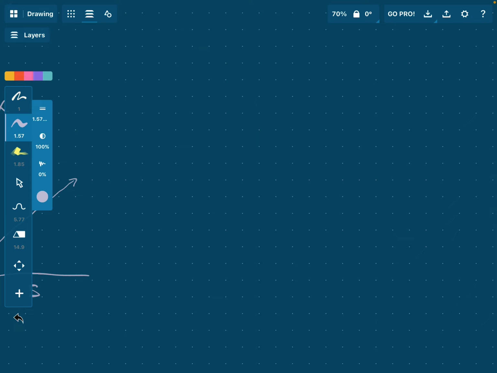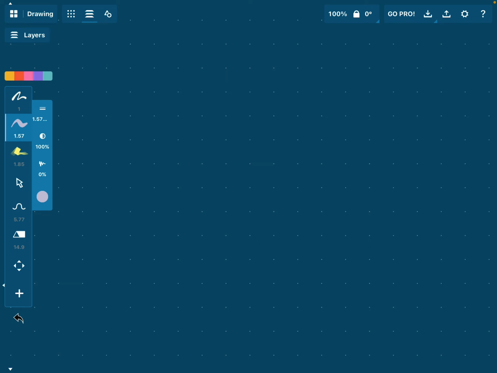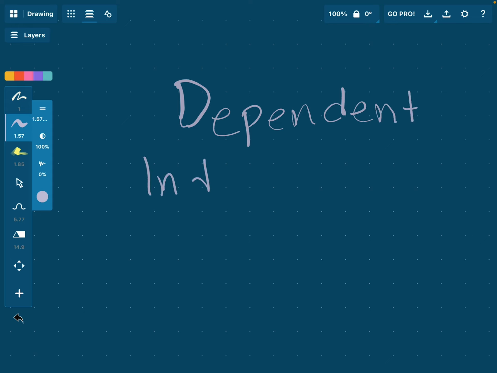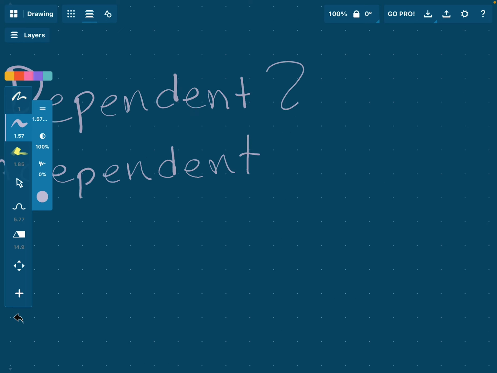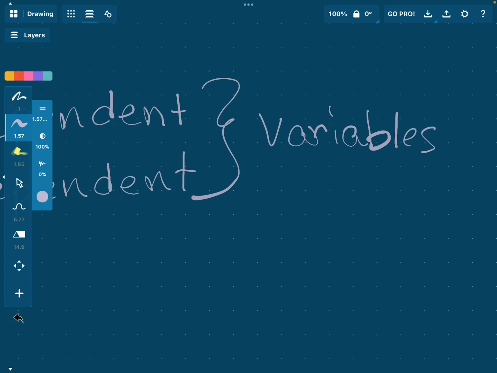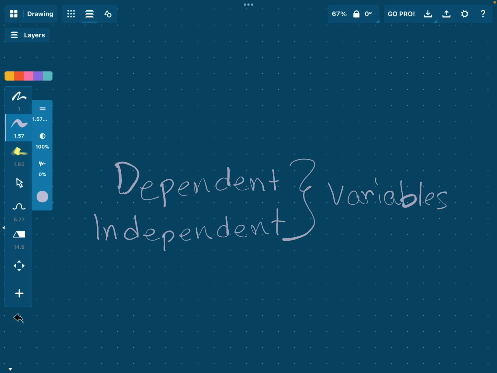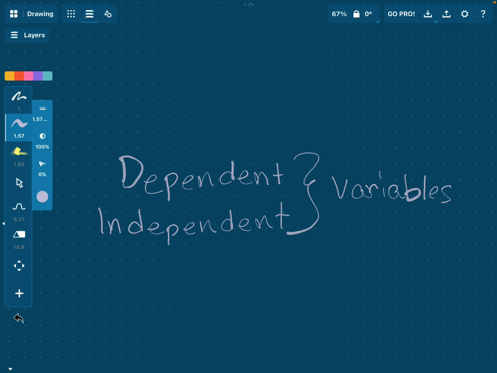Another really important idea when we're learning about functions is dependent and independent variables. So, what exactly is a dependent variable, and what exactly is an independent variable?